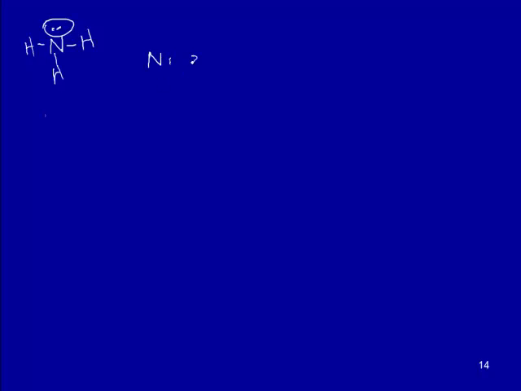You have 2s, you have 2p, you have 3 orbitals, and that would be the orbital notation for nitrogen.